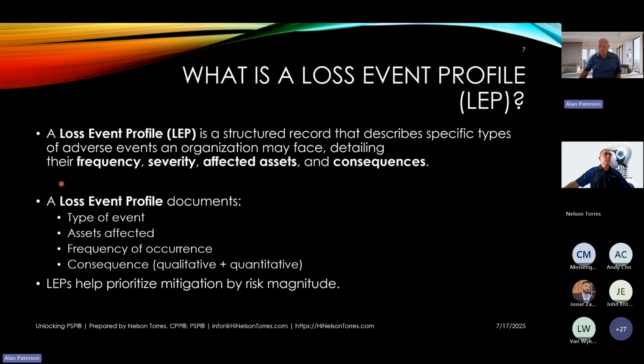So the loss event profile documents type of event, the assets affected, the frequency of occurrence, and the consequence, qualitative plus quantitative. Loss event profiles do help prioritize mitigation by risk magnitude.